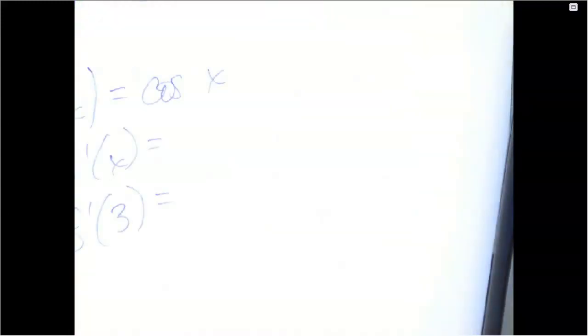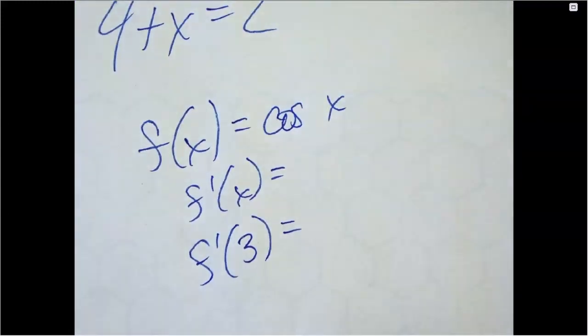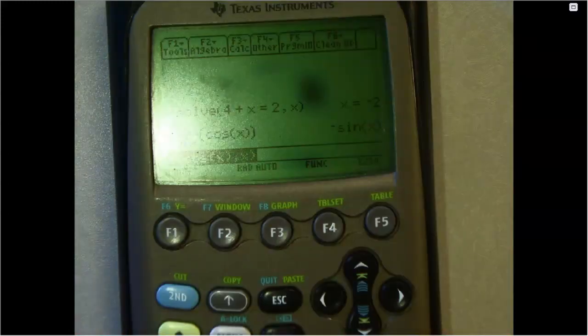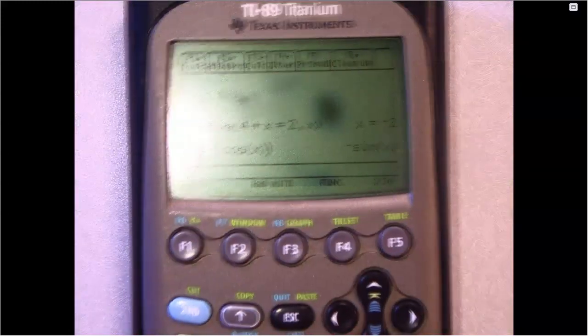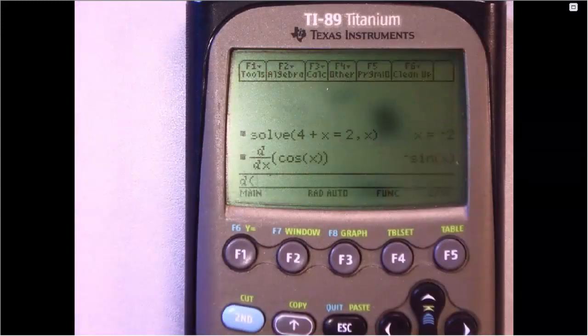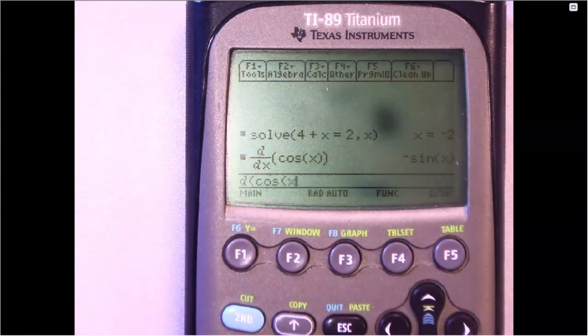Alright, let's say I wanted to find f prime of 3, still working with cosine of x. So now you do F3, calculus, differentiate. You still put your cosine of x, you still put your comma x, you still close the parentheses.